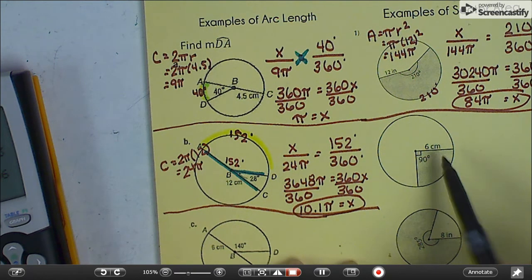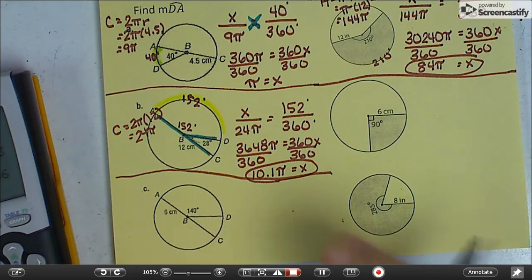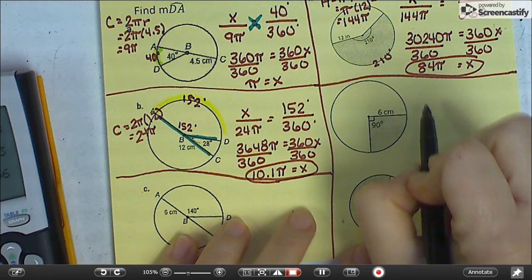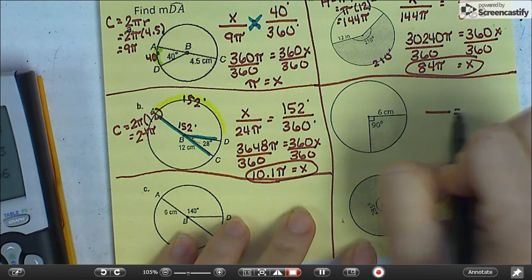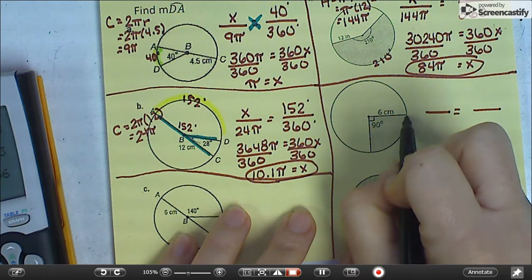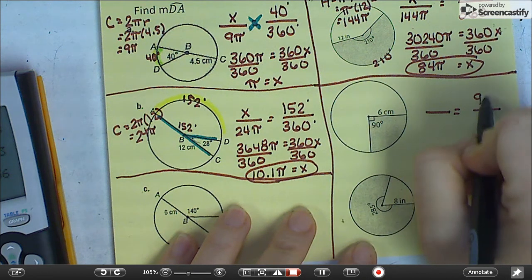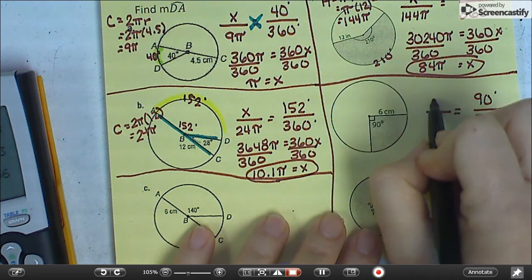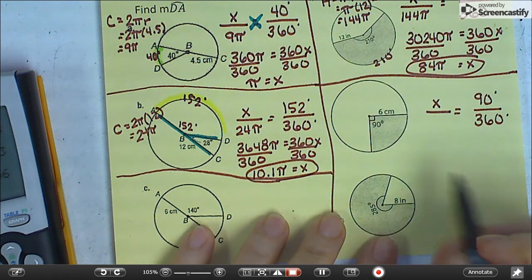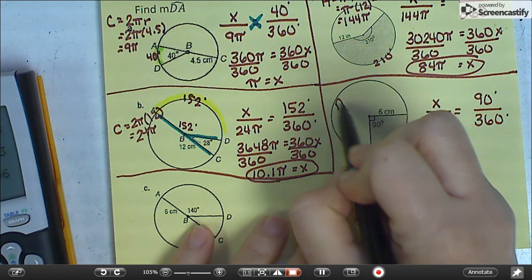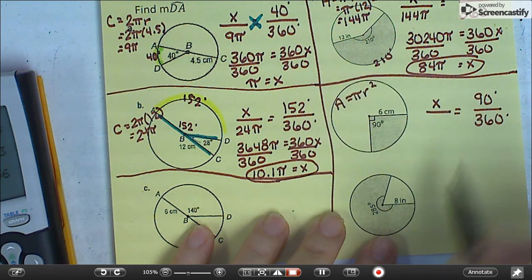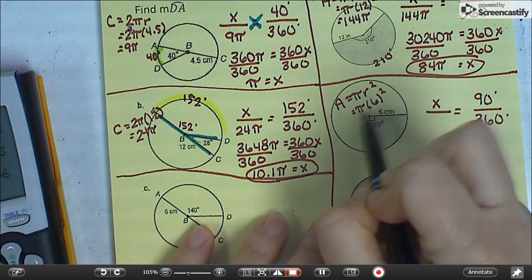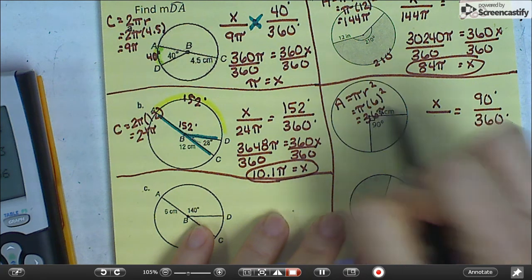All right, I'm going to show you this sector area one, and then you're going to do the last two on your own. If you feel like you can already do it, then go right ahead. All right, so in order to find the sector area, we need the degree of the piece. So that's 90 degrees. It's a quarter of our circle over the whole circle. We don't know the area right now, so that's going to be x. And we need to know the area of the whole circle in order to finish our formula. The radius is 6, so 36 pi.